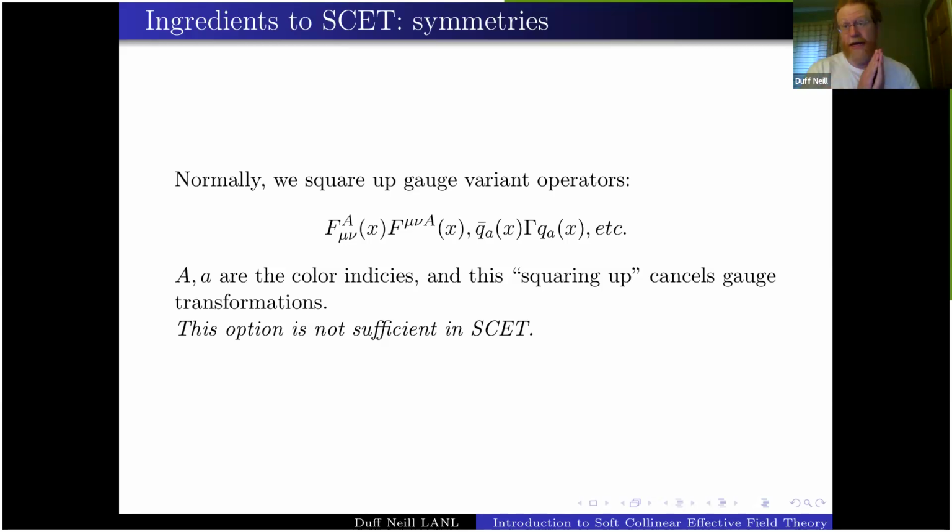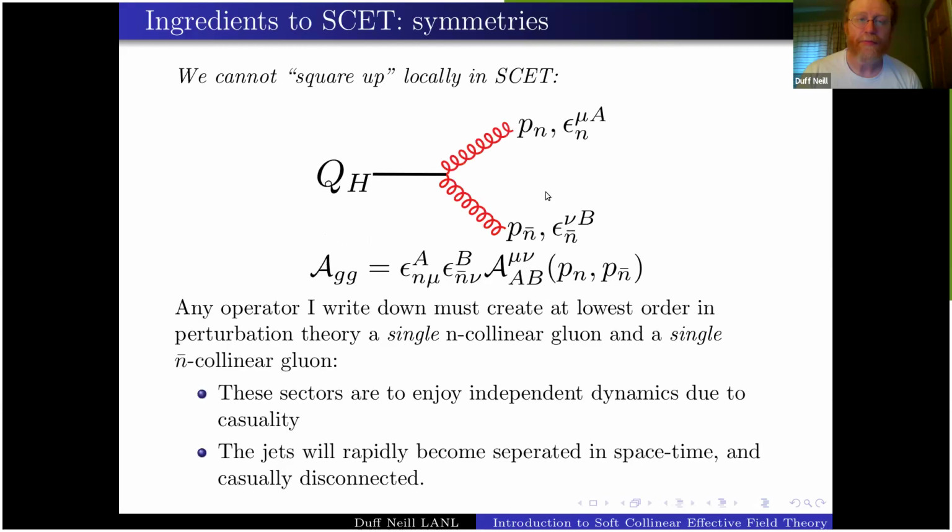And so you'd be tempted, when you're going to write down SCET, to do some similar procedure of squaring up my operators in order to get gauge invariant operators to describe my effective theory. Unfortunately, this option is not sufficient in SCET. This is not going to be an option that we can make use of in the construction of our effective theory. The reason we cannot square up operators is essentially because of problems with locality in a high-energy scattering process.